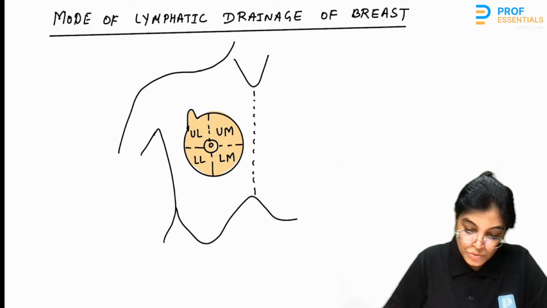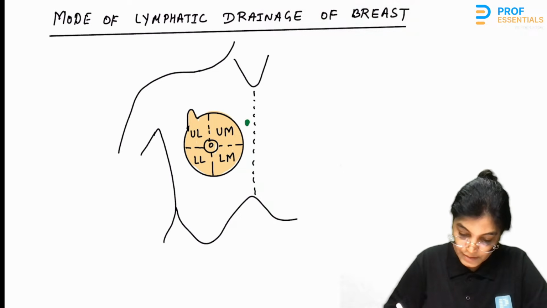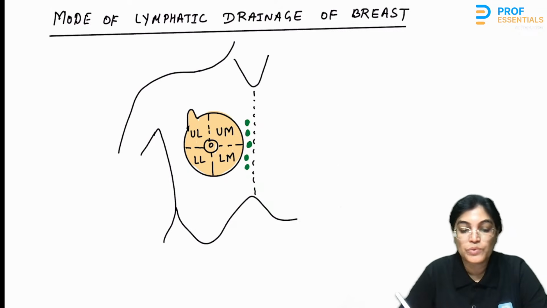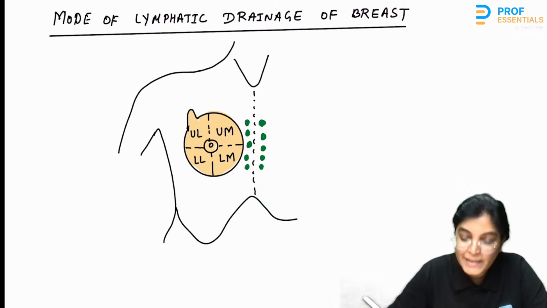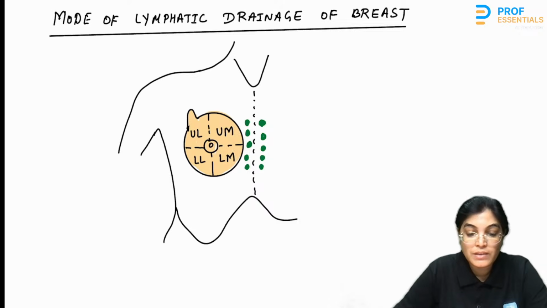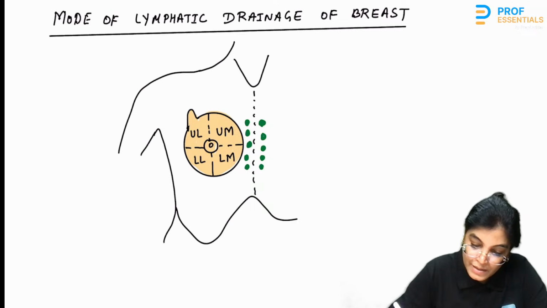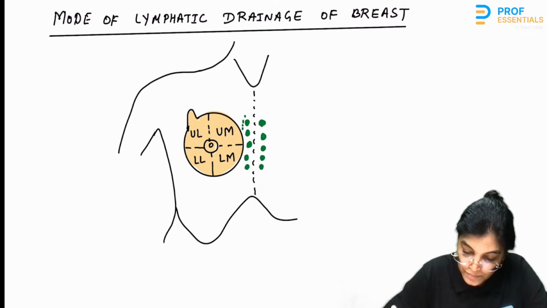Now I will use this green color for showing the lymphatics. This is the internal mammary lymph nodes. I am drawing them on either side, because I have told you one side's lymphatics will be drained by the other side also.